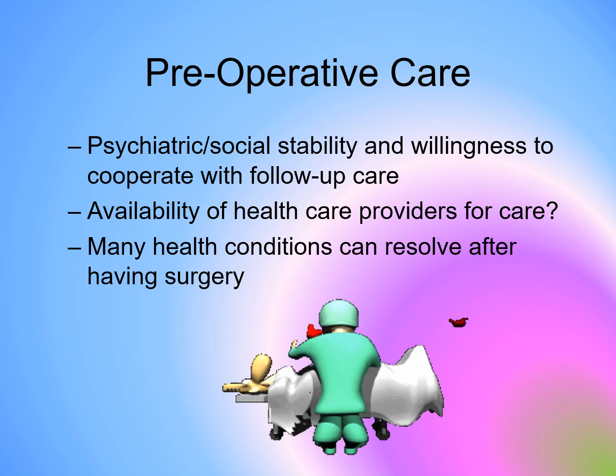More pre-op care, again, psychiatric, social stability, willingness to cooperate with follow-up care. This big, huge surgery with enormous numbers of complications that could occur, we don't want people to enter into any kind of surgery like this lightly, because things can happen. So that's why they usually have them agree that they're going to follow what the doctor tells them.